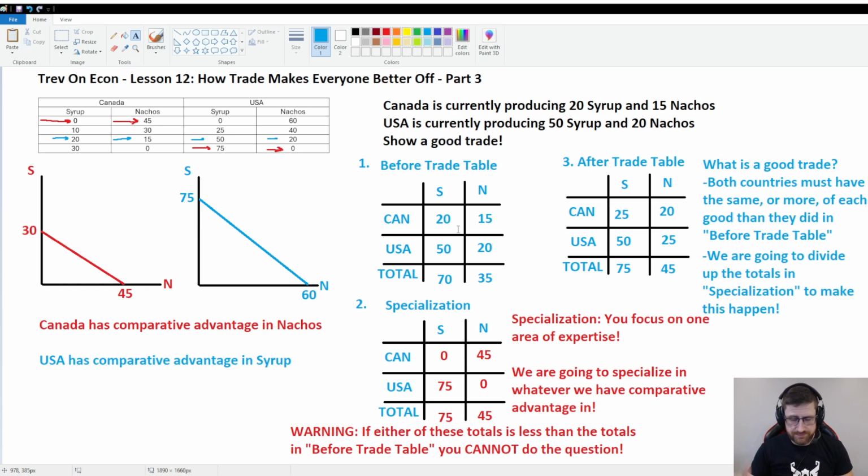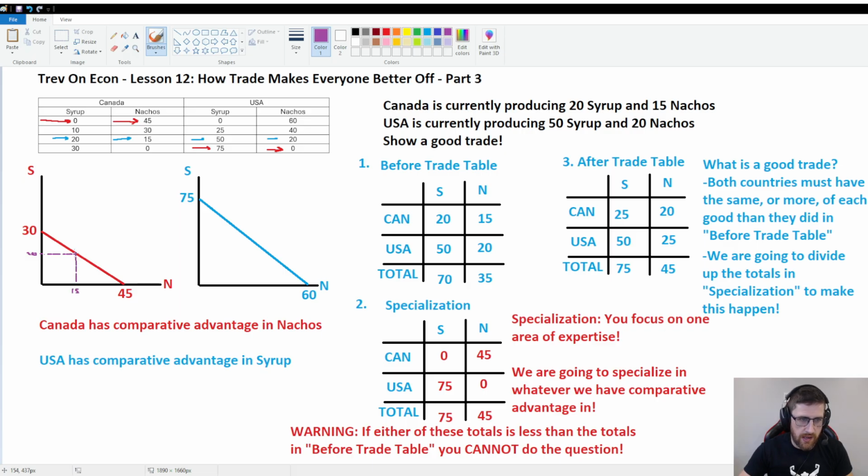Now the big reveal. Let's go plot some of these points. Before we plot our points, let's go back and see where they had us in the question. For Canada, they had us at 20 syrup, so maybe around here. It's a very tiny 20. 20 and 15.